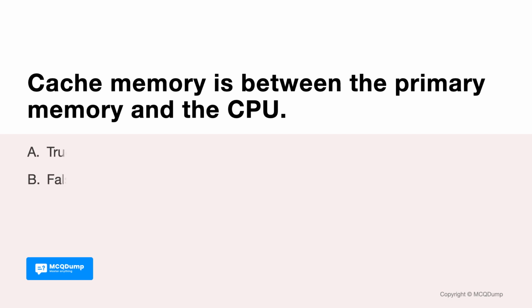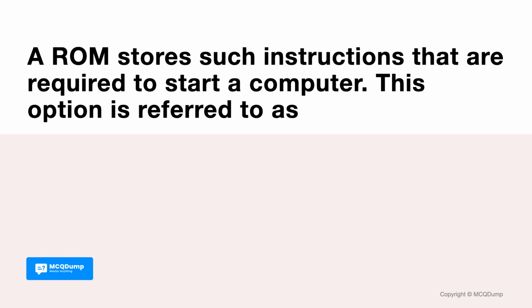Cache memory is between the primary memory and the CPU. True or false? It's true. Cache memory is between the primary memory and the CPU. A ROM stores such instructions that are required to start a computer. This option is referred to as.